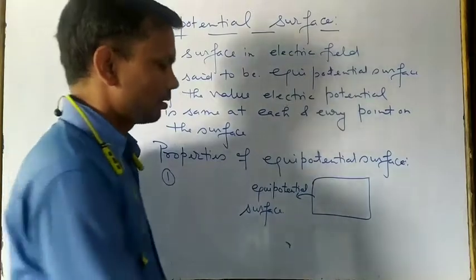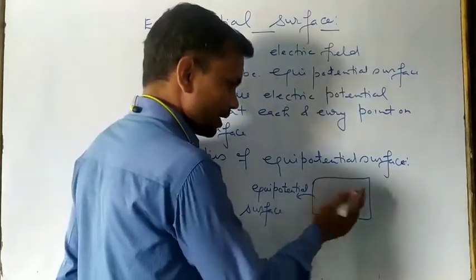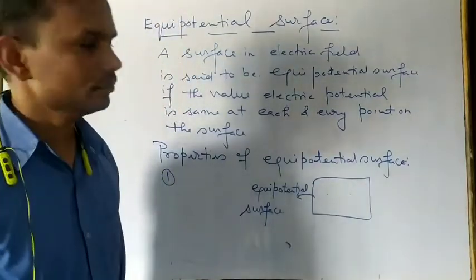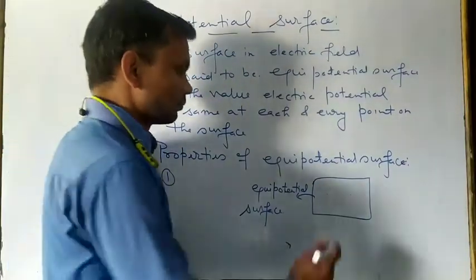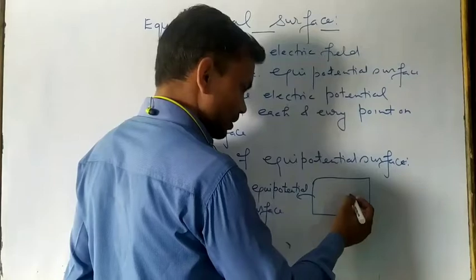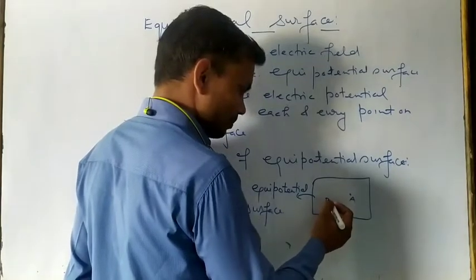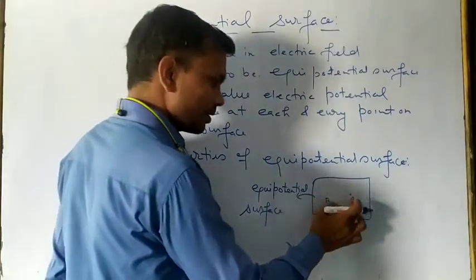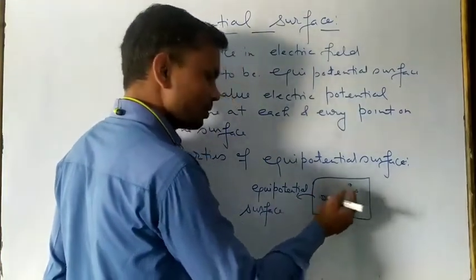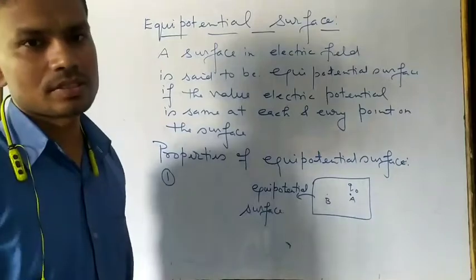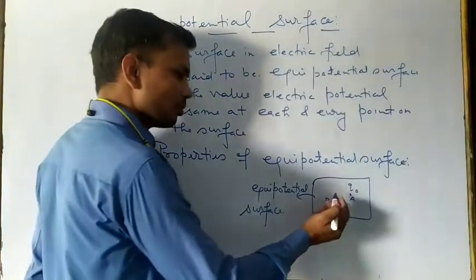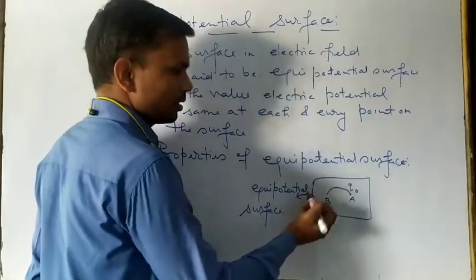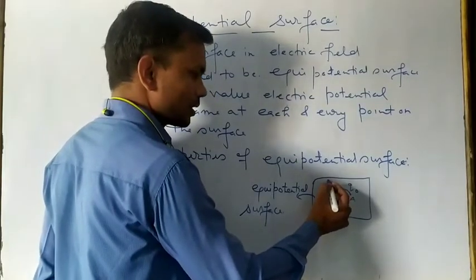Suppose on this surface we fix 2 points, this is A and this is B. Suppose at this point we keep one unit positive test charge, and we want to bring this unit positive test charge from this point to this point. Suppose the work done is W.